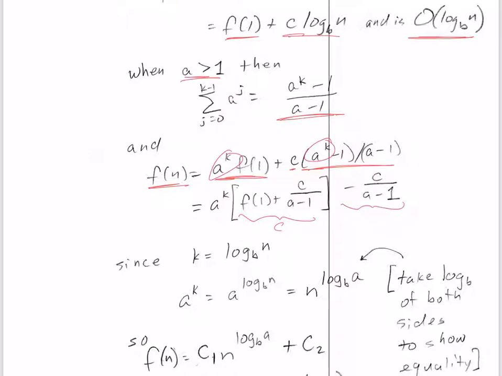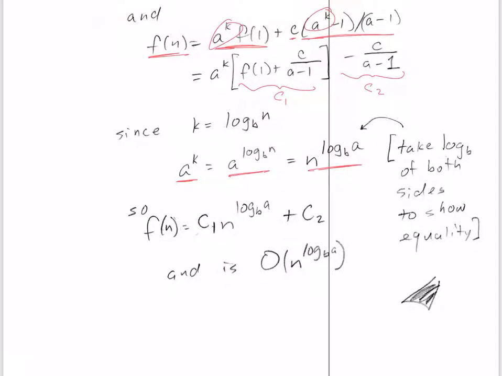And these look like C1 and C2 from earlier. Now, since k is equal to log base b of n, I get a to the k is equal to a to the log base b of n. That turns out to equal n to the log base b of a.